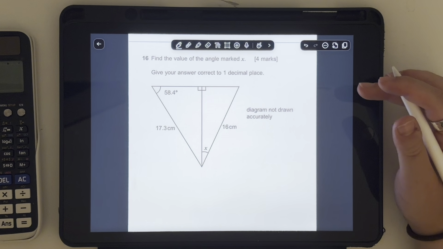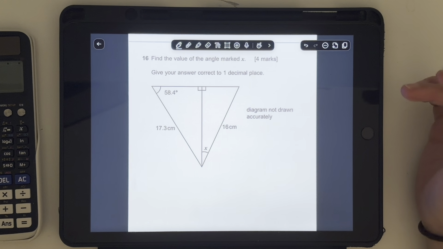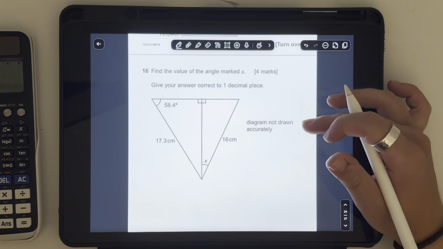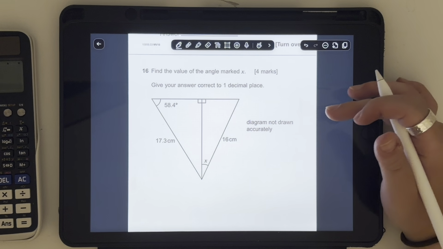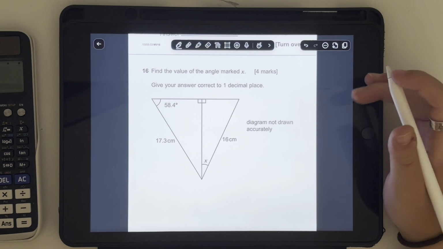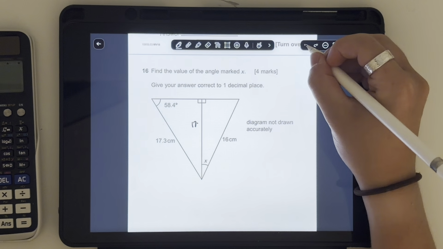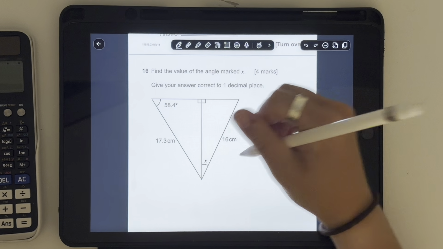Okay, find the value of the angle marked x. Give your answer correct to 1 decimal place. Okay, let me think. So this obviously has to be 17.3. Oh no, sorry, that's 16.